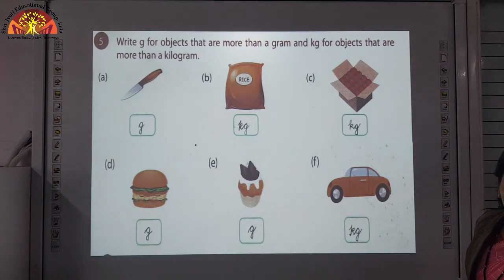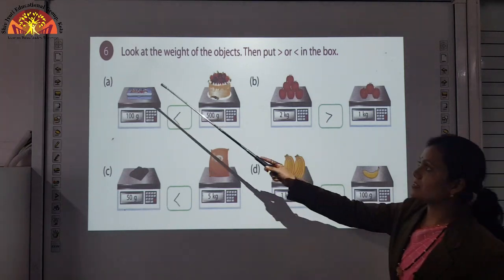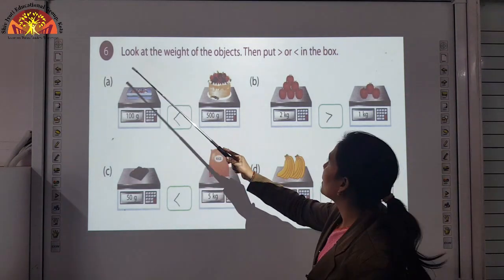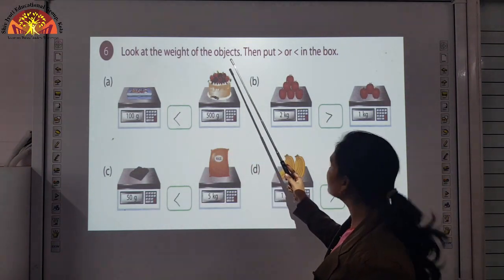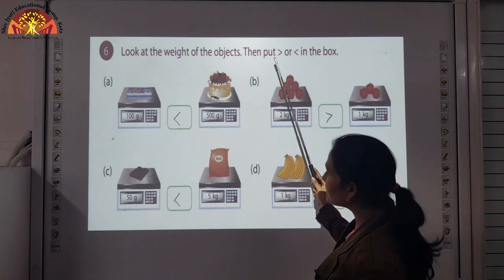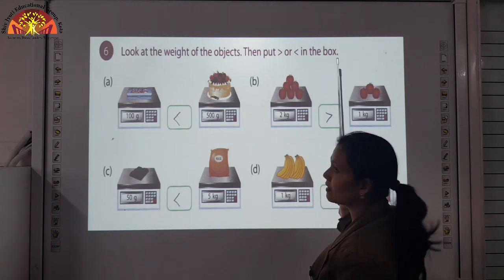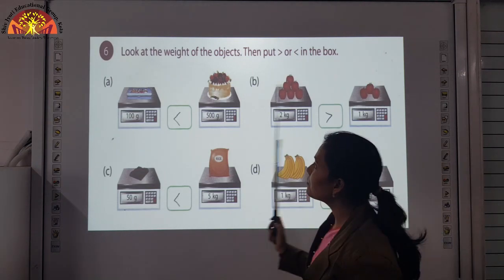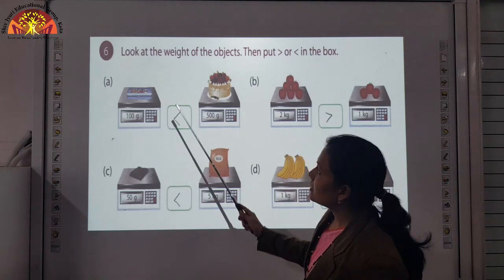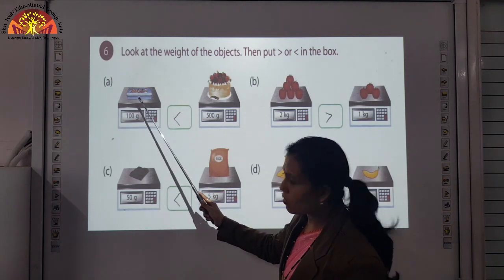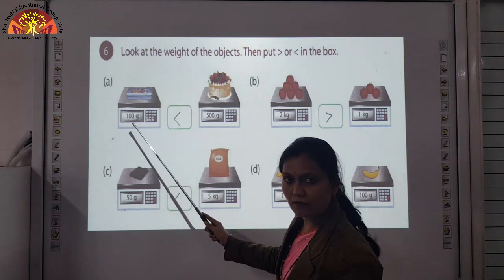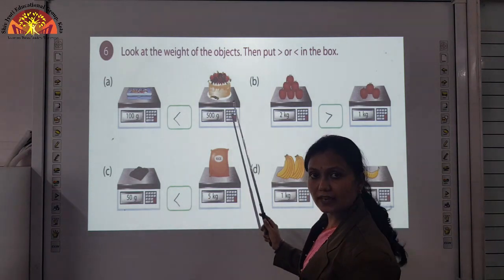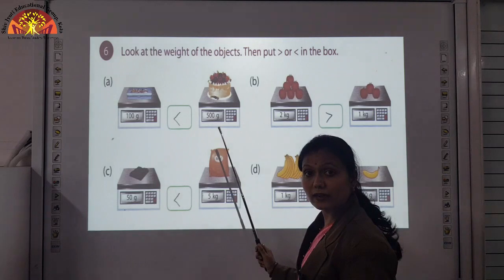Now move to next question. Our next question is number 6. Look at the weight of the objects, then put greater than or less than in the box. Okay. As you can see, first here box has 100 gram weight and this is a cake. Cake is of 500 gram.